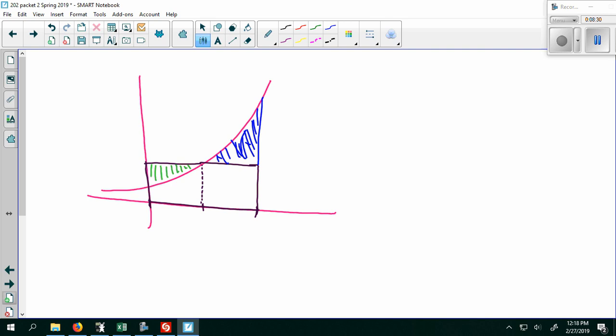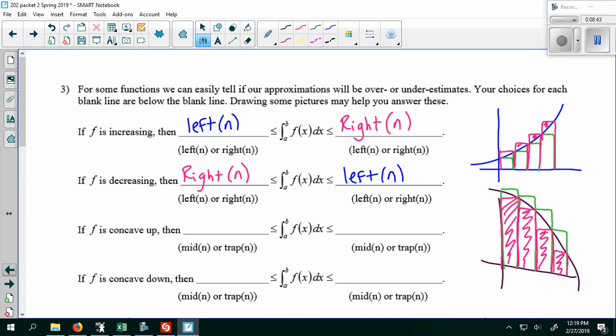The blue part is an underestimate, and it's greater than the overestimate part. So mid is going to be an underestimate. So mid is less than the exact value of the integral. All right, so I'm guessing that trap must be an overestimate.